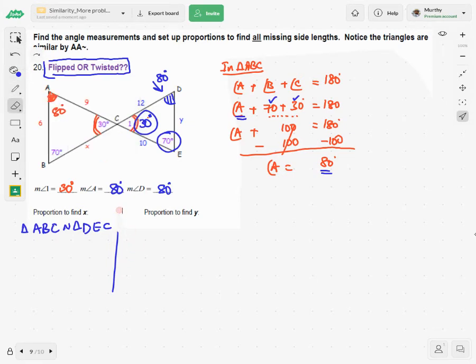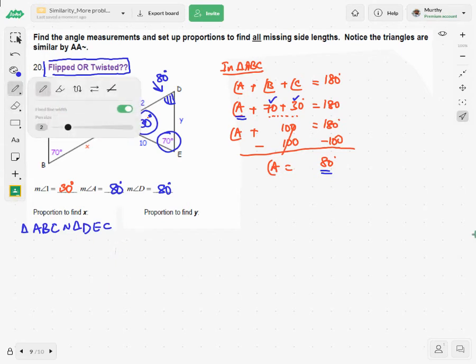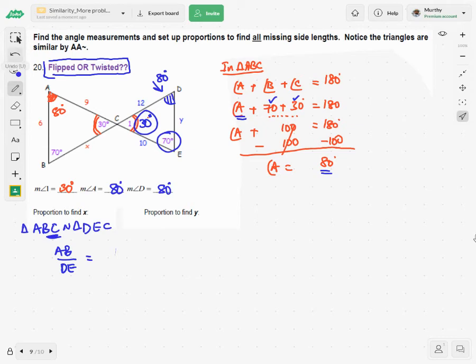Now, the first two letters are AB and the first two letters here are DE, so these sides are in proportion. Next, the second and third, that is BC and EC, so BC over EC.